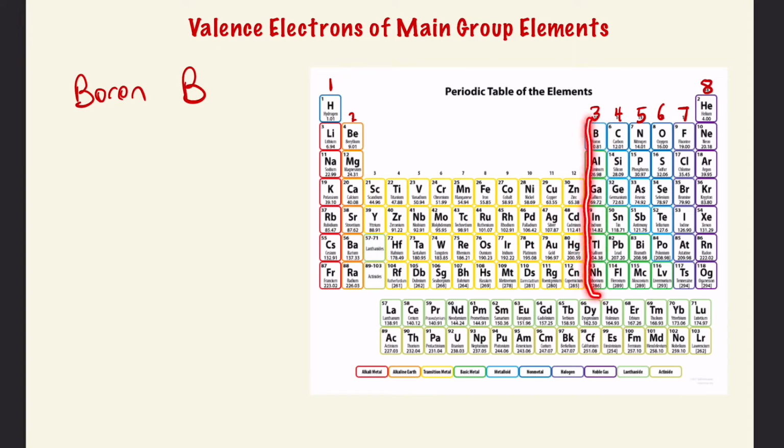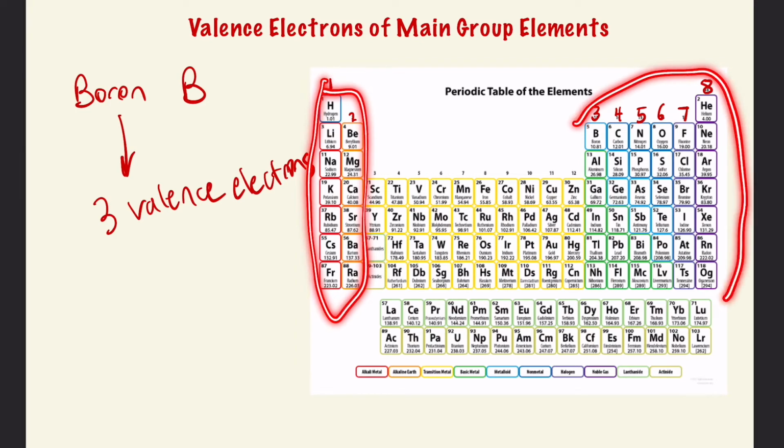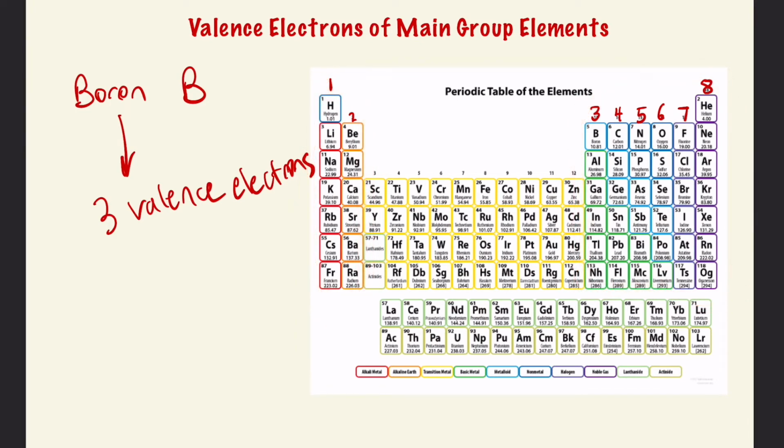But we know that this group here has 3 valence electrons. Therefore, boron has 3 valence electrons. And now you should be able to go through that process for every single element in the main groups, in these groups here and in these groups over here.